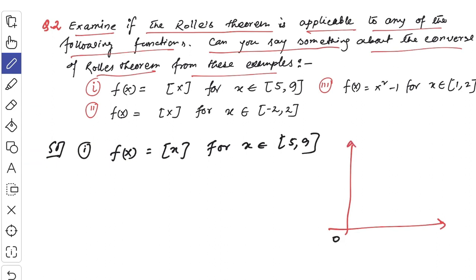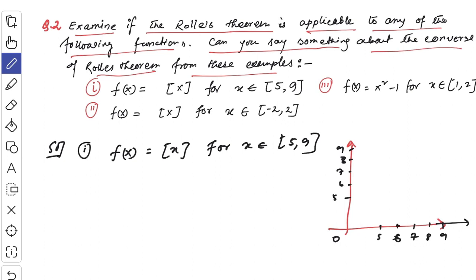Suppose this is 0 and we have 5 here, and this is 6, 7, 8, and this is 9. Similarly here it is 5, 6, 7, 8, and this is 9. So if you draw the graph, then you will get it.